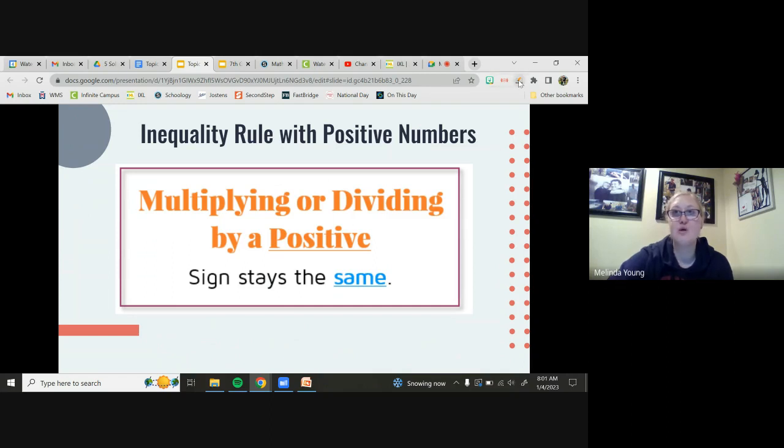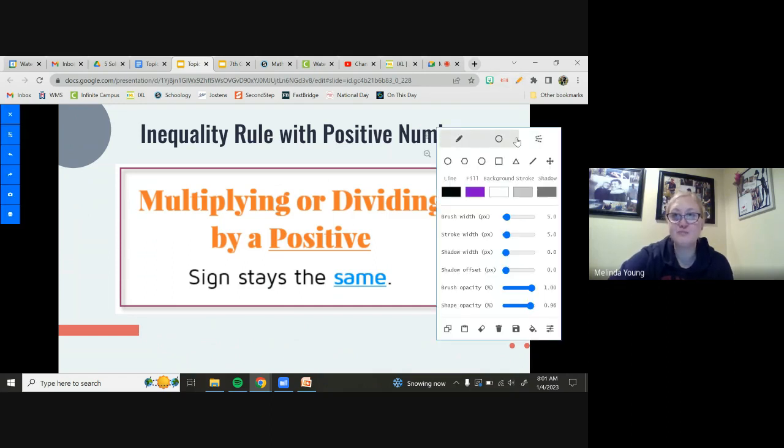For example, if you have 5x is greater than 15, because the 5 with the variable is positive, my inequality sign would stay the same. It's still going to be greater than.